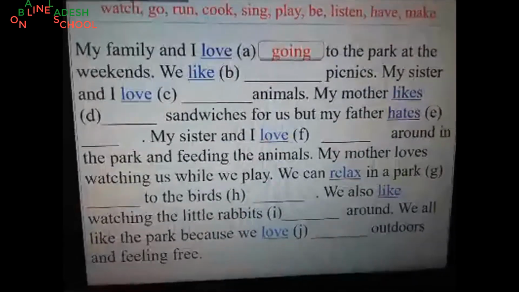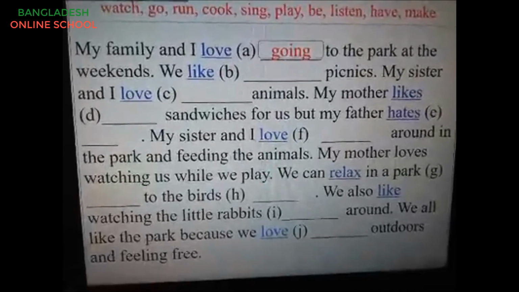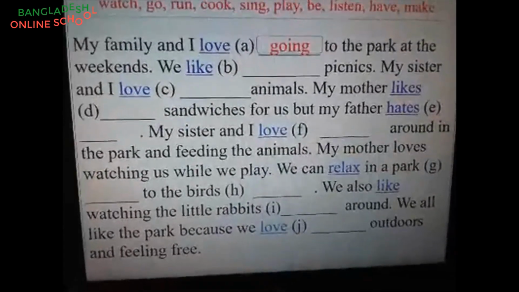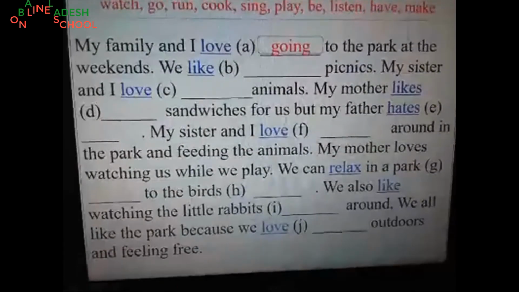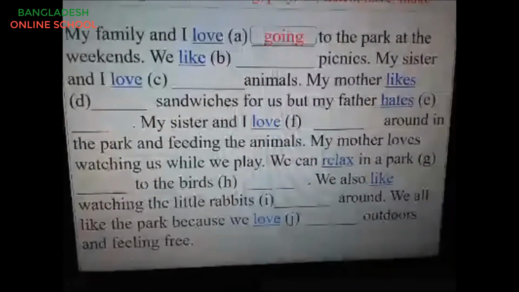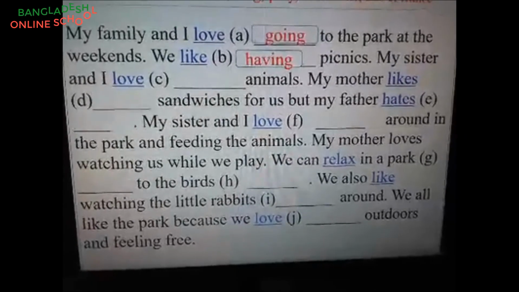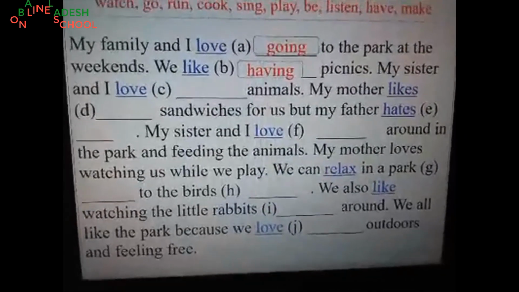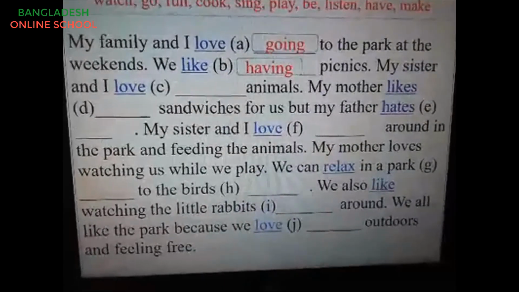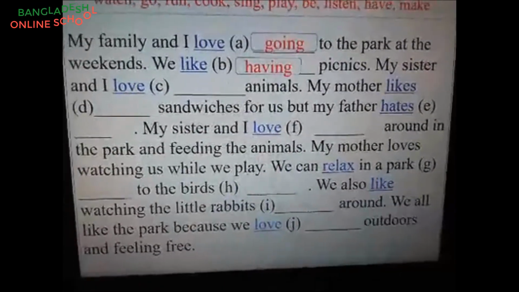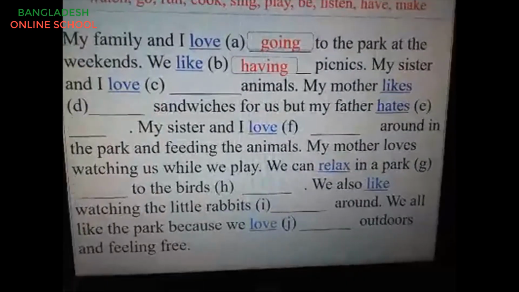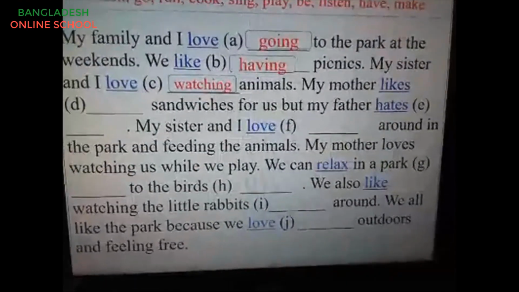In gap B, we like, here like is a finite verb, so after like there will be a present participle or -ing form of the verb. We like having picnics. My sister and I love, here love is a finite verb. After love there will be a present participle. So my sister and I love washing animals.